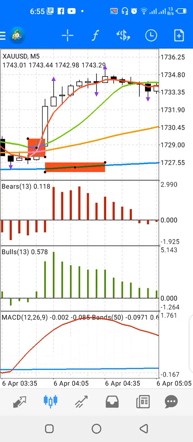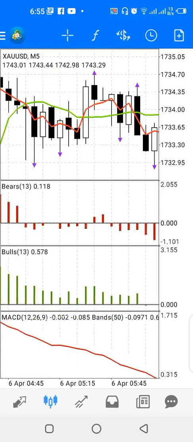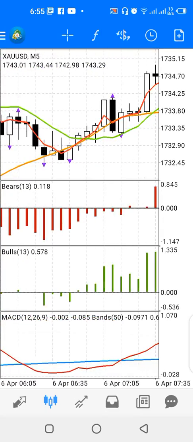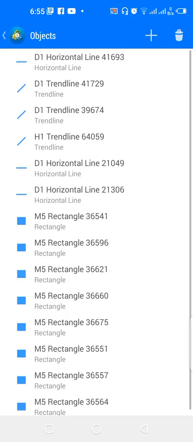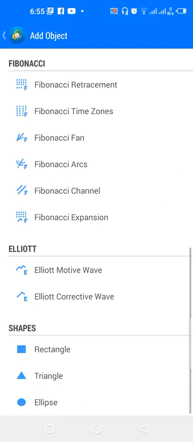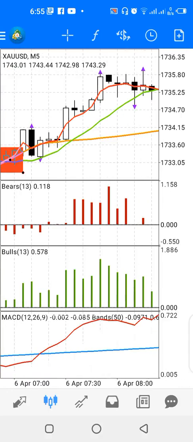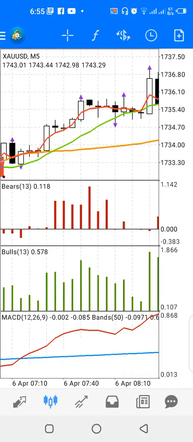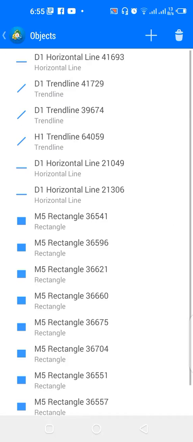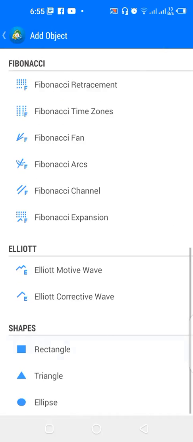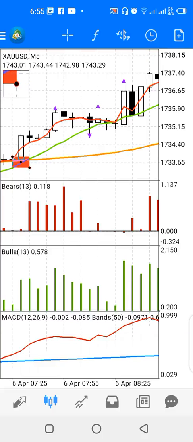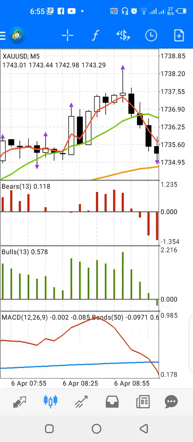That's my buy entry. This is another buy entry. Remember, we're still above the blue line. So this is another one. This is another one.